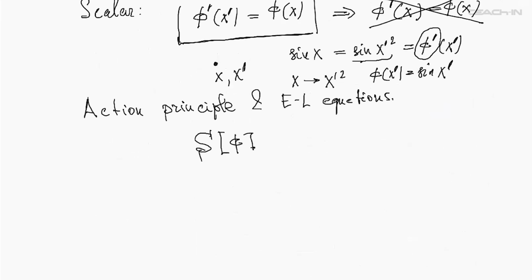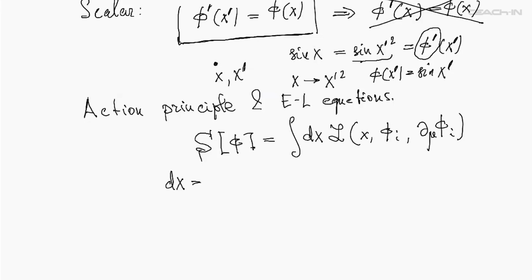So it's an integral over dx of the Lagrangian density, which in very general terms might depend on x, a collection of fields phi I, and on the first derivatives, d mu phi I. Here, in general, dx I will write as a measure which is by definition the product of dx0, dx1, and so on, dx d minus 1.